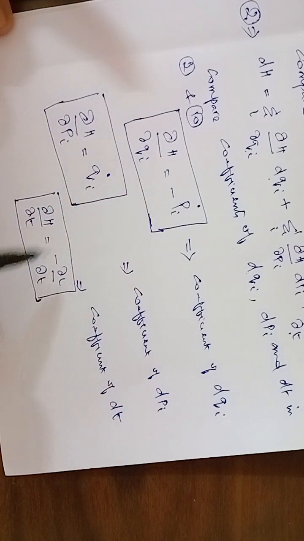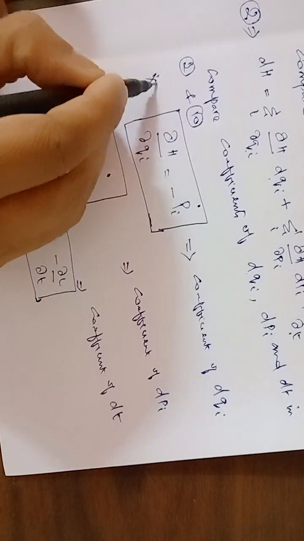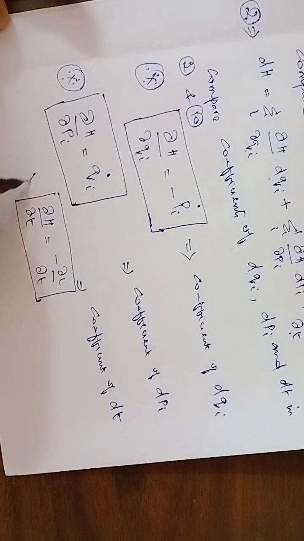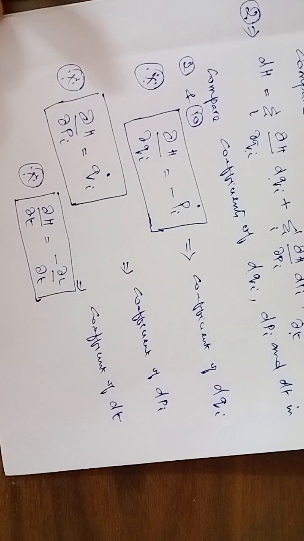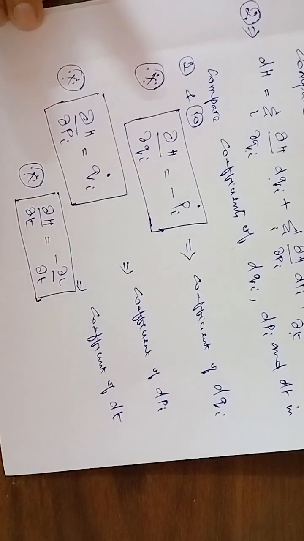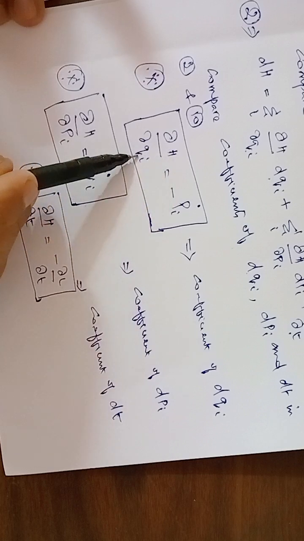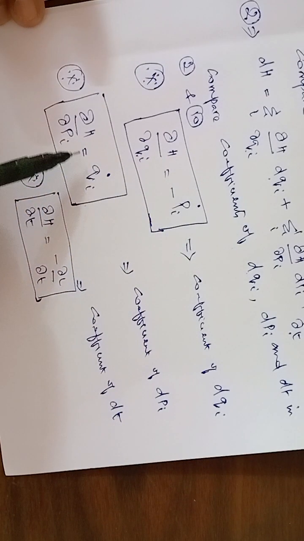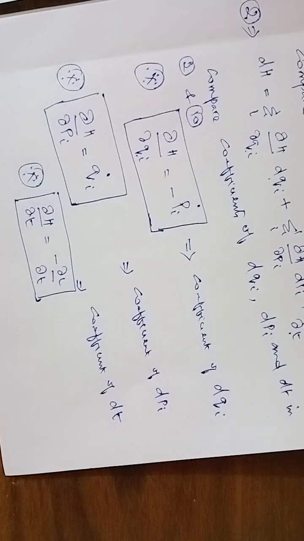These 3 equations are called canonical transformation equations, and you should remember these equations always in classical mechanics when you are using Hamiltonian functions. These three equations are very important: ∂H/∂qi equal to minus pi dot, ∂H/∂pi equal to qi dot, ∂H/∂t equal to minus ∂L/∂t.